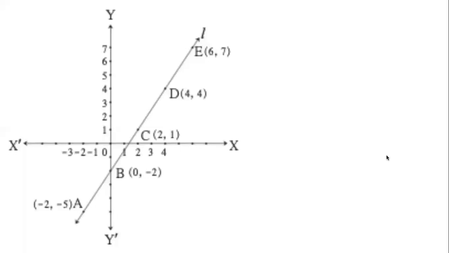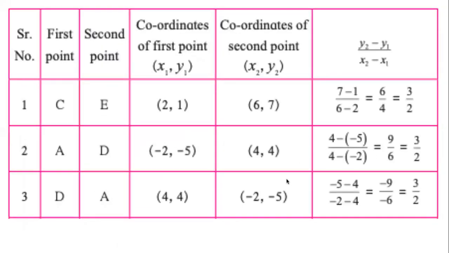Now, if we try to find out a ratio for some pairs of points, what pairs of points? These pairs of points: CE, AD, DA. The ratio that we are trying to find out for each case is (y2 minus y1) divided by (x2 minus x1). Now, what is x1, y1? What is x2, y2? The point on the left we will consider as the first point, and the point on the right as the next point. So in the first case, CE, C is considered x1, y1, and the coordinates of E are x2, y2.